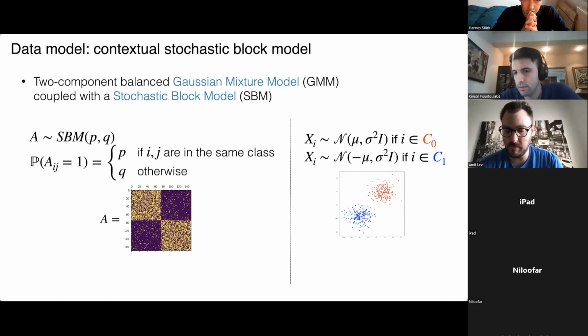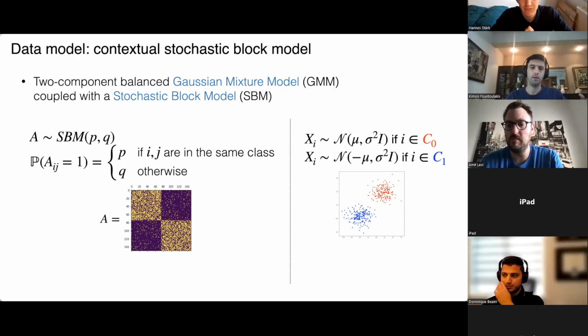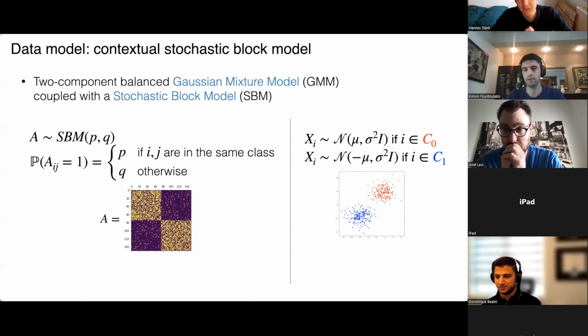Yeah, I think so. Let me repeat. The distance between the means of the Gaussians controls the noise, because if the distance is very small, then the distributions are going to overlap a lot, and that's a problematic scenario. If the distance is large, but you have a lot of inter-edges, meaning that the parameter q is very high compared to p, then when you do, let's say, graph convolution, it's going to move the distributions close to each other, and this will also create accuracy problems for existing models.